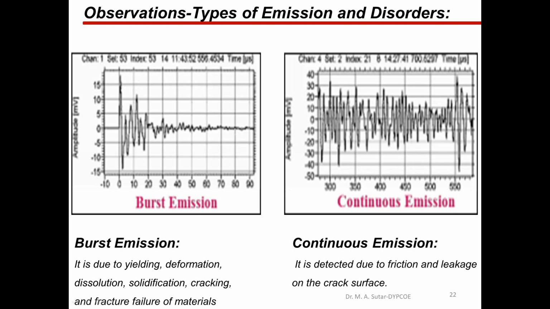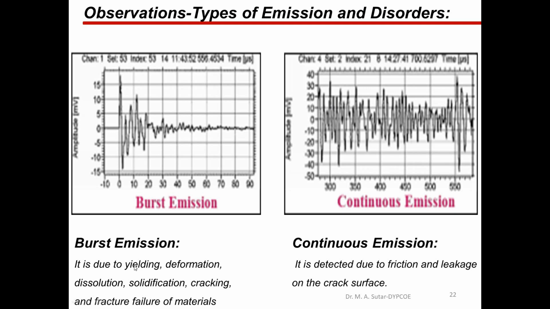These are the observations. As an example, I am giving you here the burst emission type of pattern and the continuous emission type of pattern. In this case, the emission is given only once, whereas in the other, recurring emissions are given out.